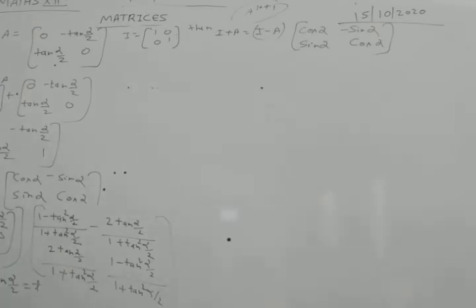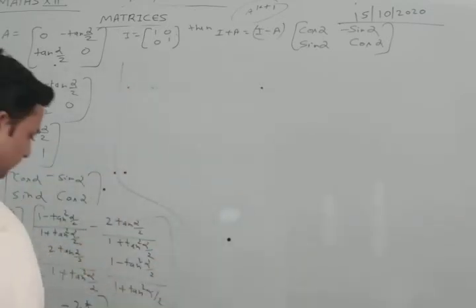Now change this: 1 minus t square by 1 plus t square, 2t upon 1 plus t square. Now minus 2t upon 1 plus t square, 1 minus t square upon 1 plus t square.